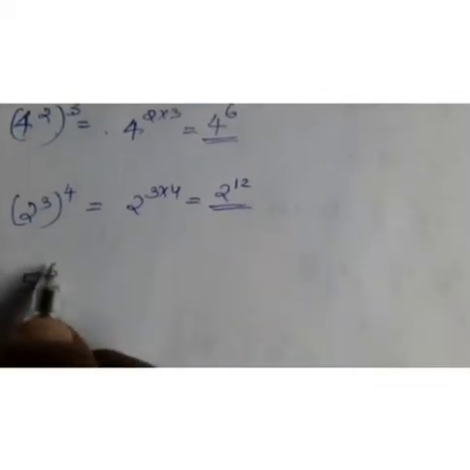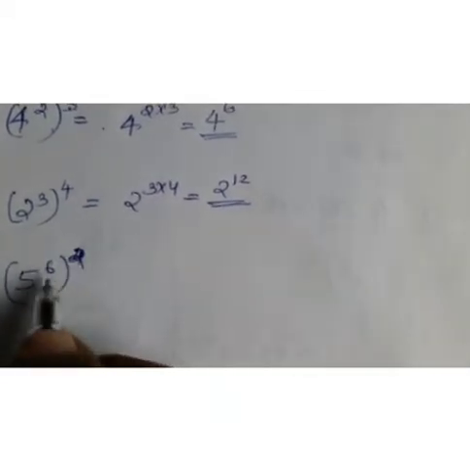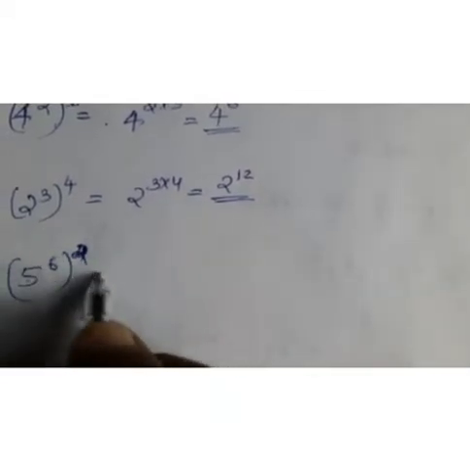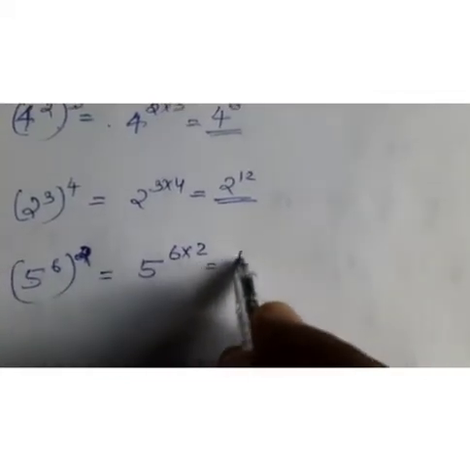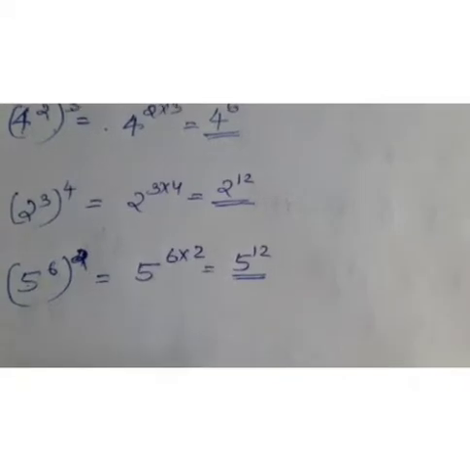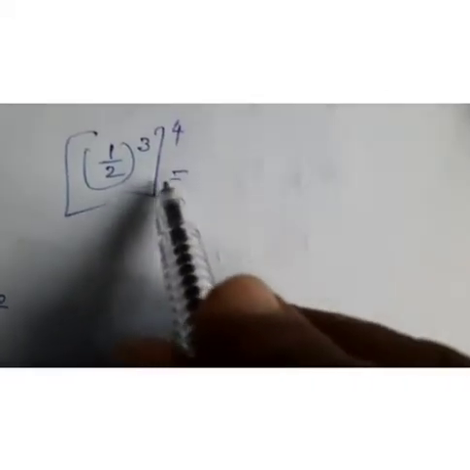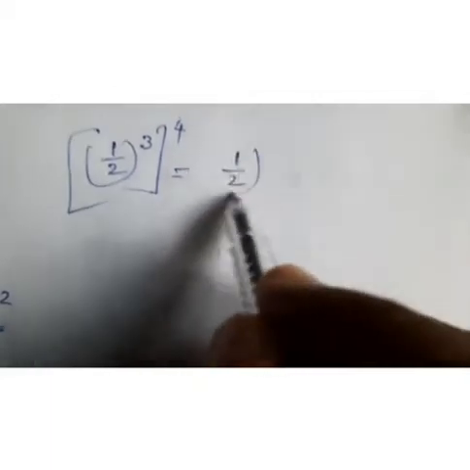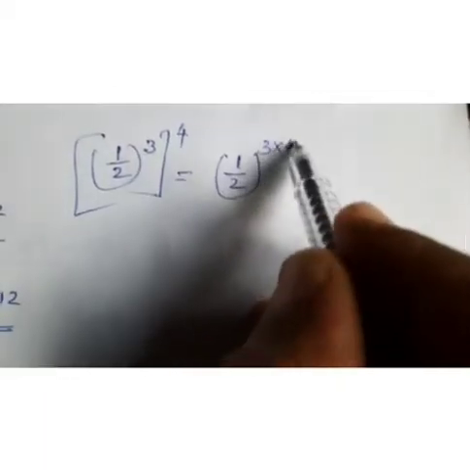5 raised to 6 whole raised to 2. 5 raised to 6 into 2. 5 raised to 12. What about this one? Fraction. 1 by 2 is the base. The powers 3 and 4 are multiplied.